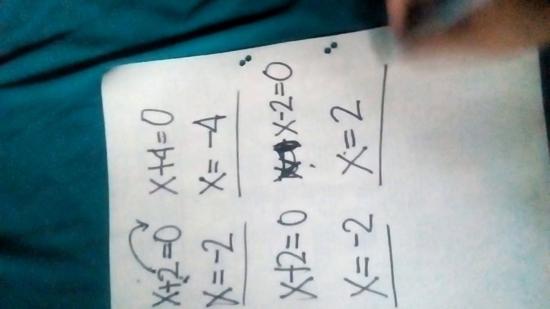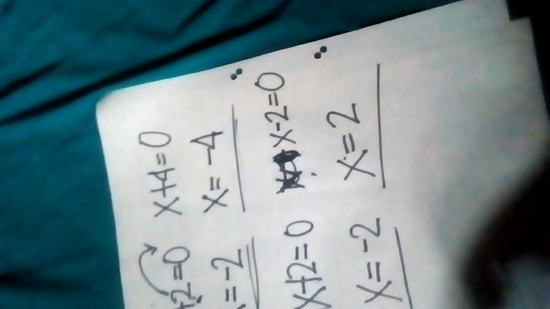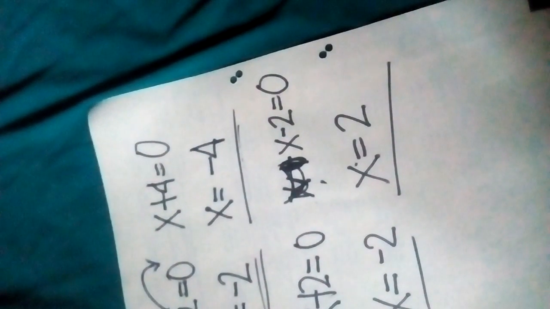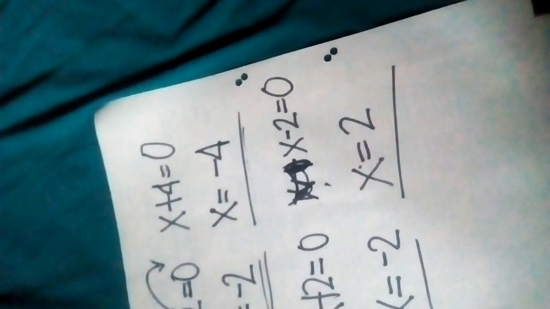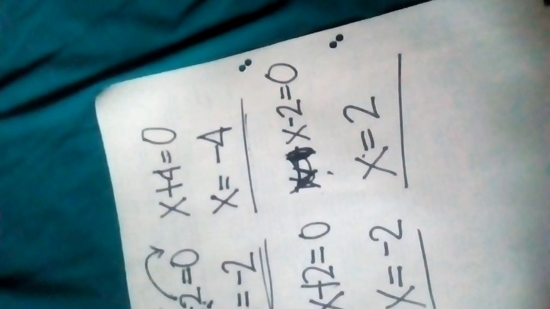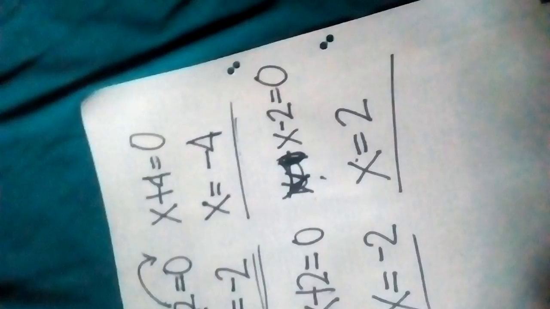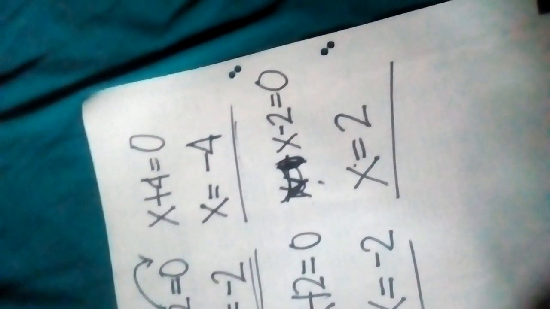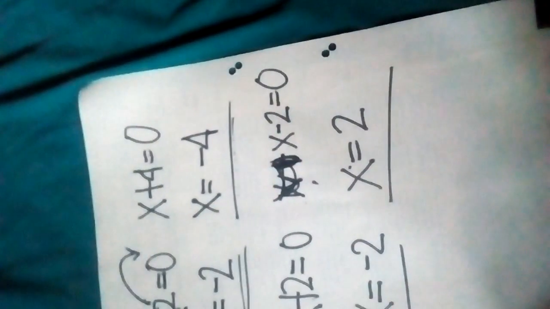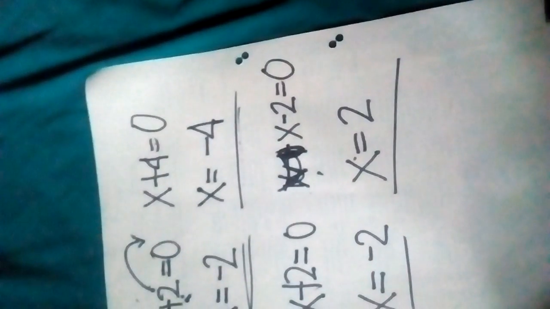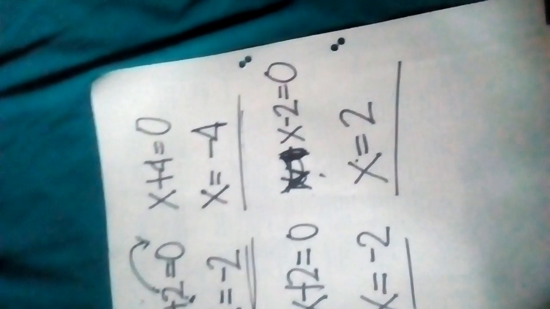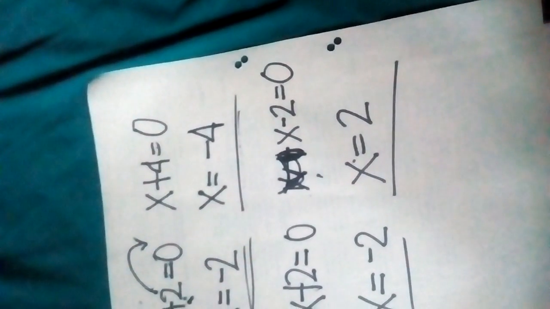Now, as you can see, these underlined values will be our restrictions of the denominator and the numerator. Now, this x is equal to negative 2 and x is equal to negative 4 will be our numerator's restriction. And this x is equal to negative 2 and x is equal to positive 2 will be our denominator's restriction.